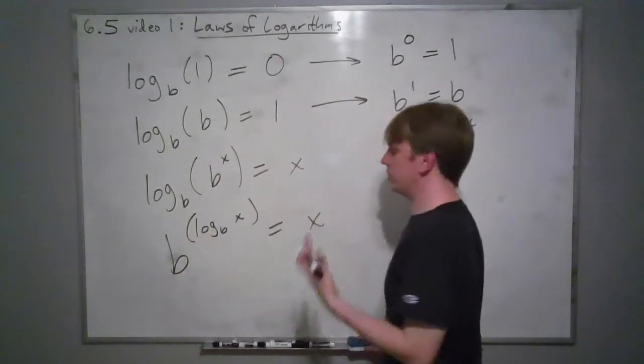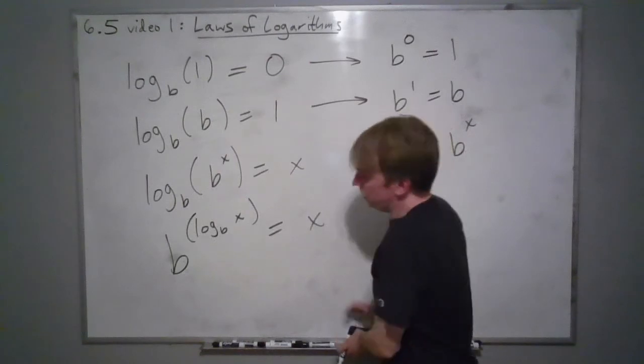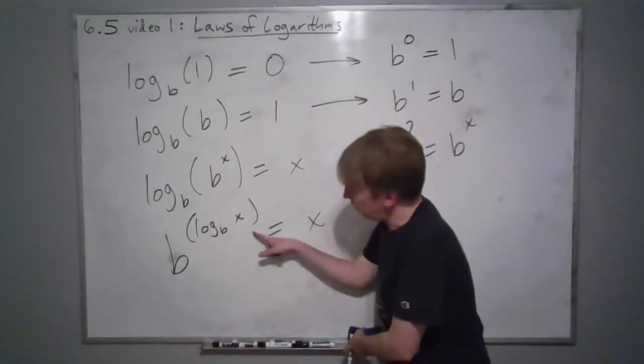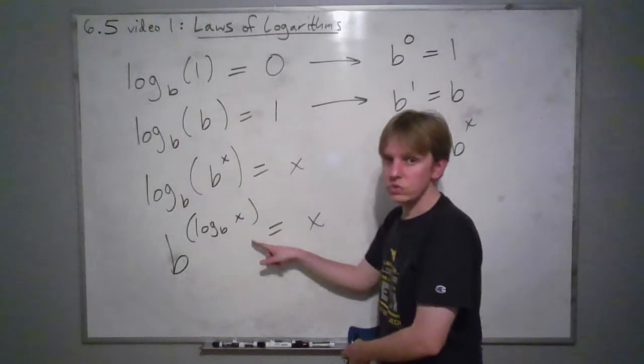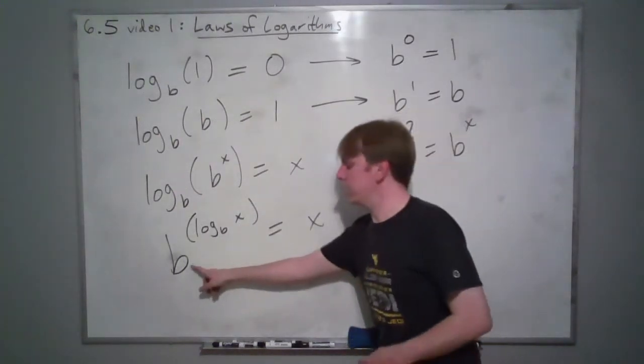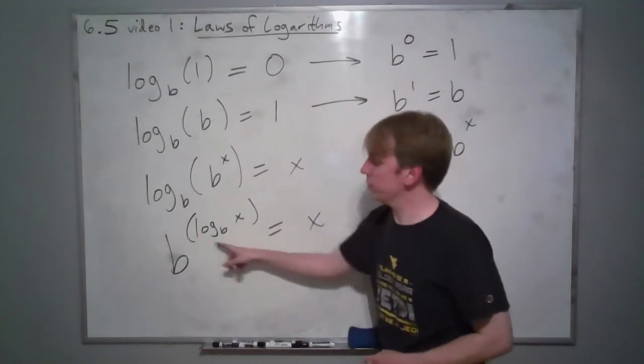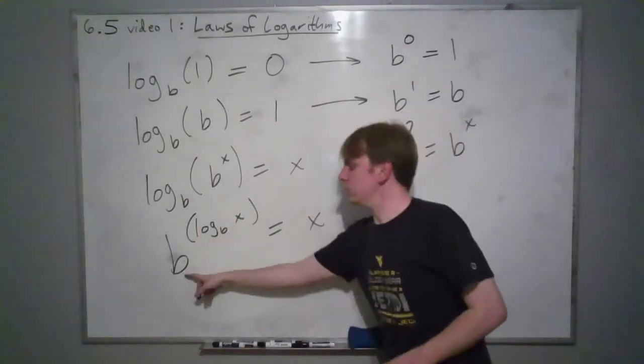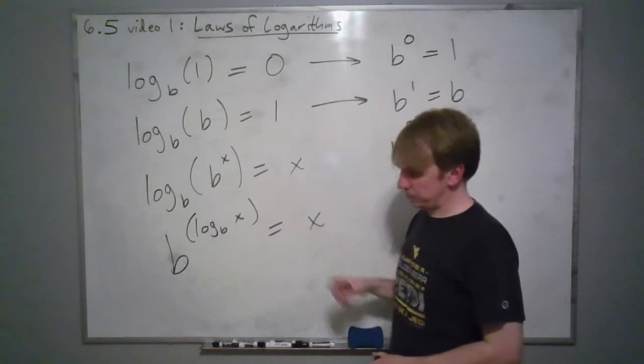Okay, so something to be aware of here. This is a base b, and this whole thing in parentheses is the exponent. So b to a power log base b of x. That's applying an exponential function to a logarithmic function. The two should essentially cancel out, and we get x.